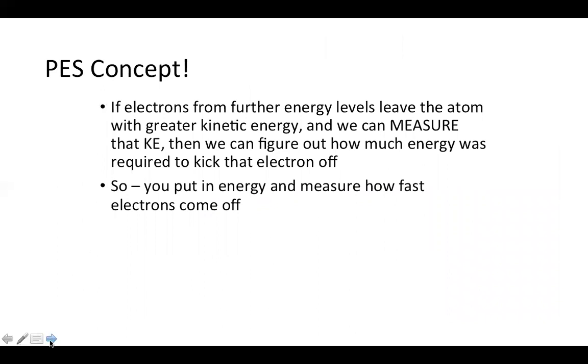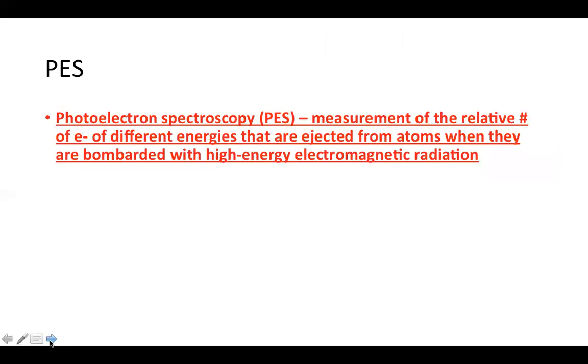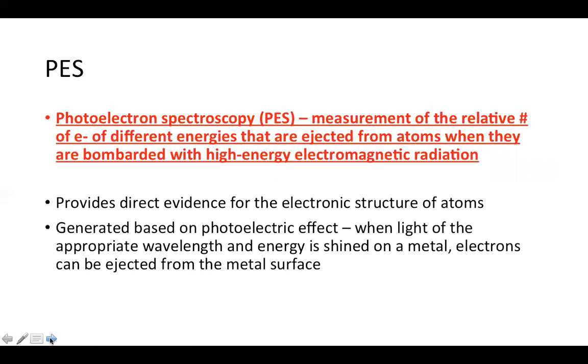So once you use PES, you're going to get a spectrum, and these spectrums are going to show the total number of electrons if they're giving you the complete PES, or they could just show you part of the spectrum that just has one of the specific energy levels. But what these spectrums are going to do is show you the relative number of electrons that are in these different energy levels.